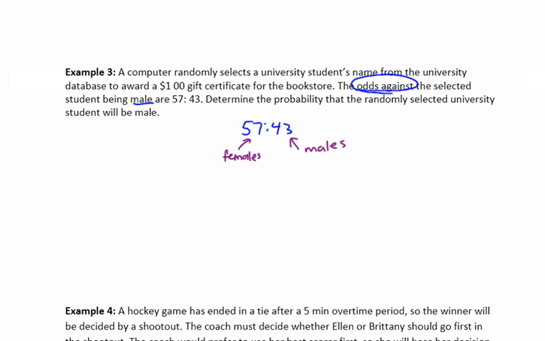Okay. Determine the probability that the randomly selected university student will be male. So what would be the probability that you're male? Well, favorable over total is the formula for probability. How many times will you be male?